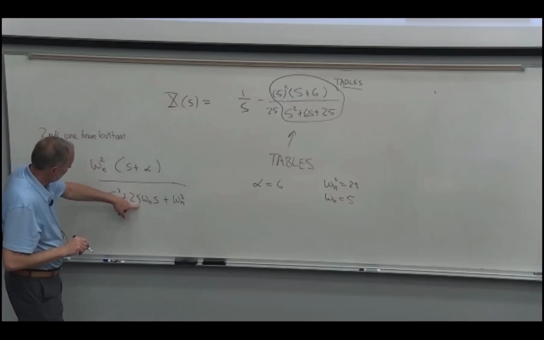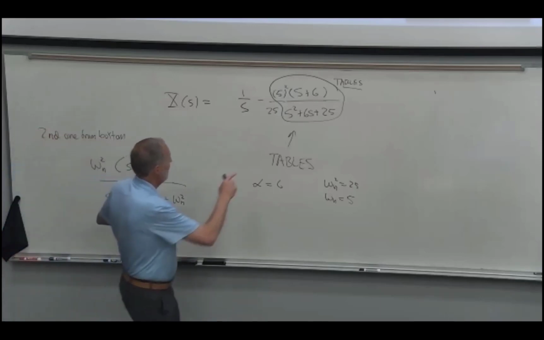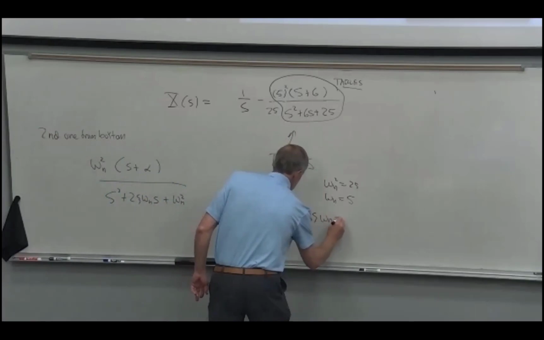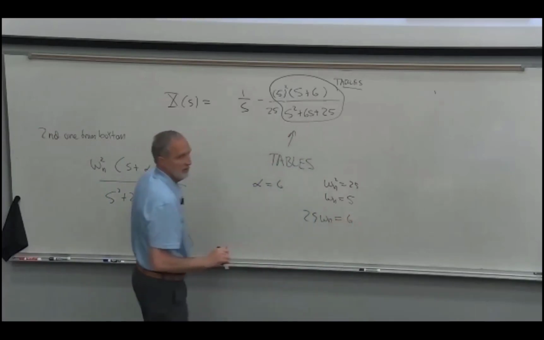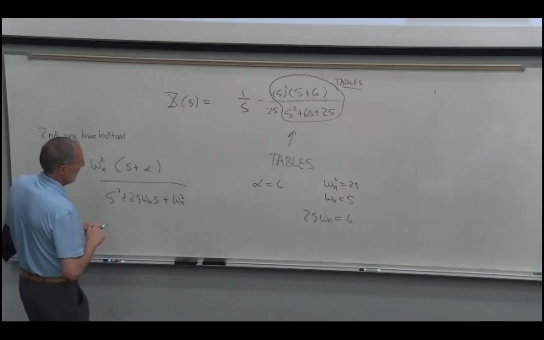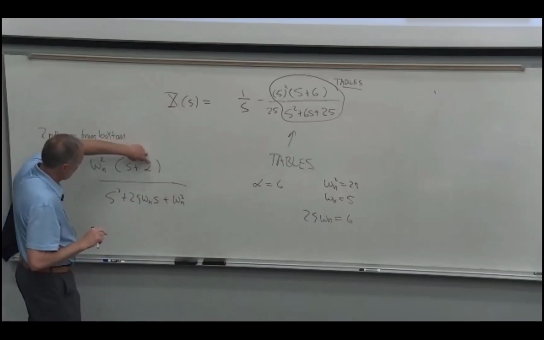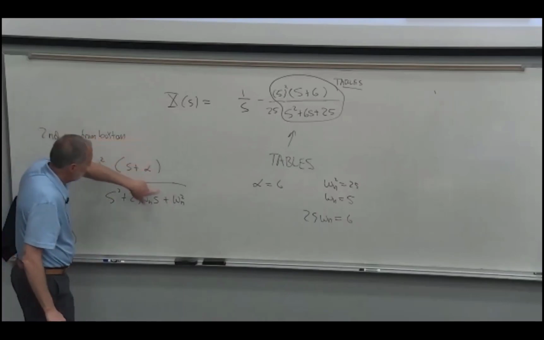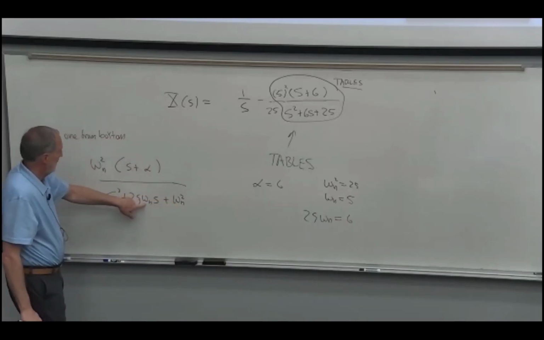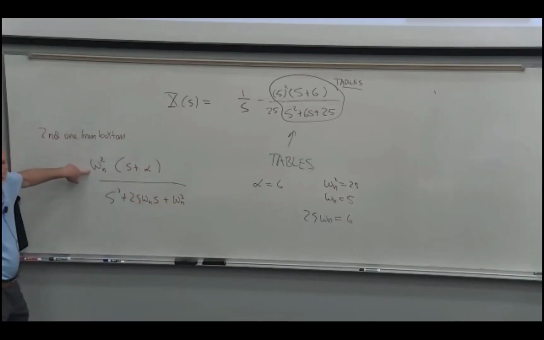2 times the zeta times omega n has to match up with the 6. So you're doing intelligent pattern matching like you're taking the ACT test or something like that. And that's the process mentally that I recommend: you match up the numerator, and then you match up this one, and then that's going to give you this here, and then you fix up any constants outside.